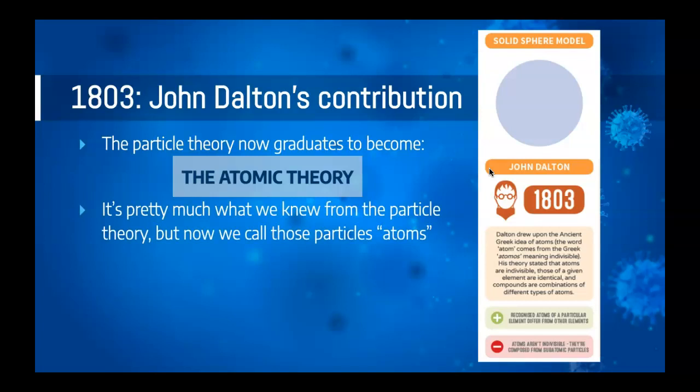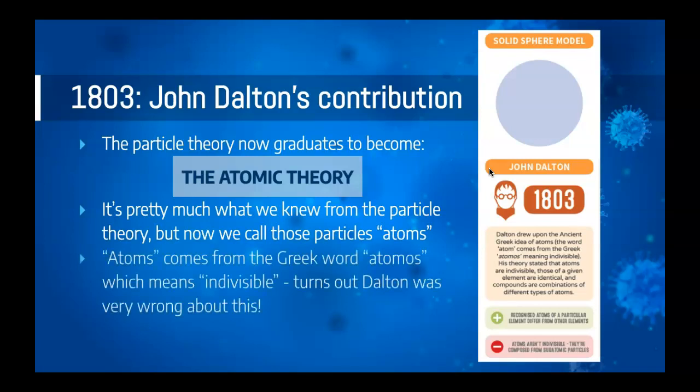He just decided to call those particles atoms, and he took that name from the Greek word atomos, which means indivisible. So his idea was that these particles we've been talking about, we're going to call them atoms, and they're just tiny individual particles that are indivisible. But as it turns out, Dalton was actually completely wrong about that part of it. But we didn't really figure that out for another 100 years.